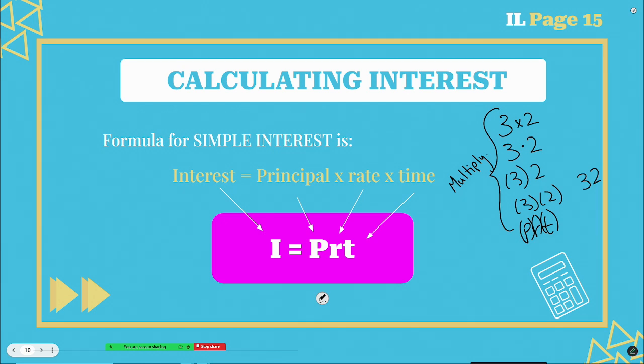So it doesn't work with numbers, but it does work with letters. When they're together, it means multiply. So that's what our formula is. PRT actually means principal times rate times time.